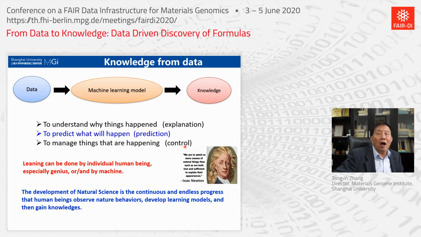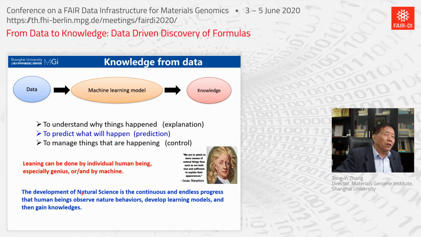Here I take one example: Newton's law. Newton's law really comes from the observation of the movement of the stars. Of course, Newton is a genius. He also developed calculus, and then he discovered Newton's law.